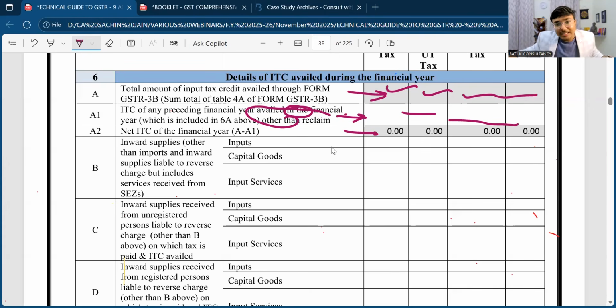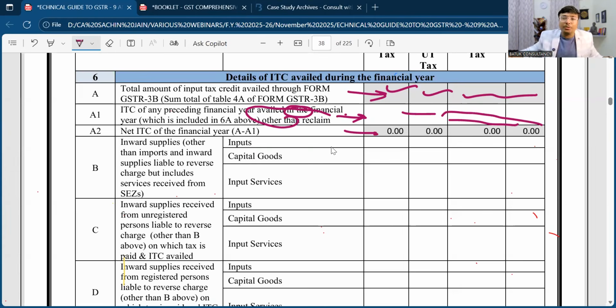So now the figure is completely related to your 2024-25 only. Now you need to provide the bifurcation. Bifurcation may be that you have bought the goods, that is called as purchase.